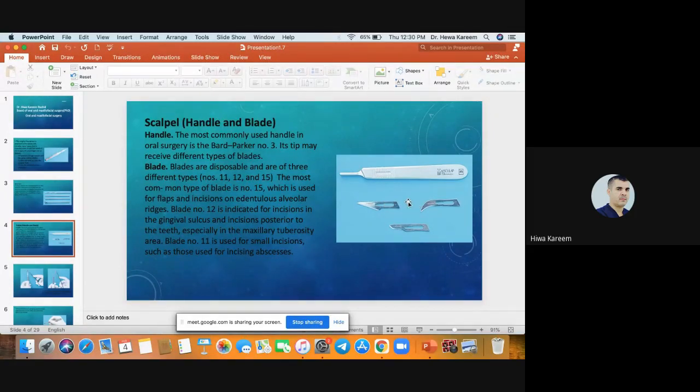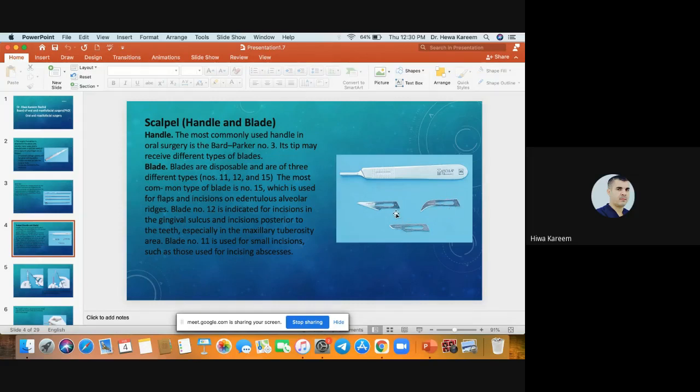The most commonly used is number 15, which is used for flap and incision on the edentulous area. Number 12 is for incision in the gingival sulcus and in the posterior teeth, especially in the maxillary tuberosity region.